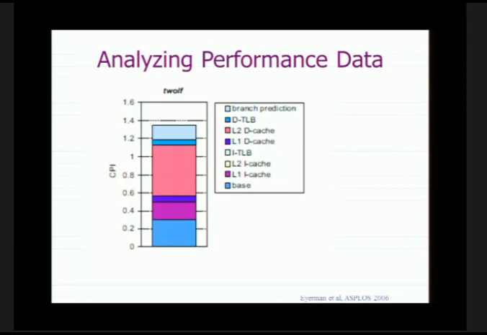So for example, in this particular CPI breakup, which was for 2LF on some input, you notice that the baseline CPI is only about 0.3. This is a 2006 paper. But the overall CPI, cycles per instruction, was as much as almost 1.4, right?